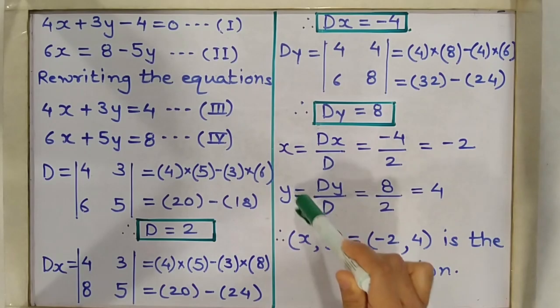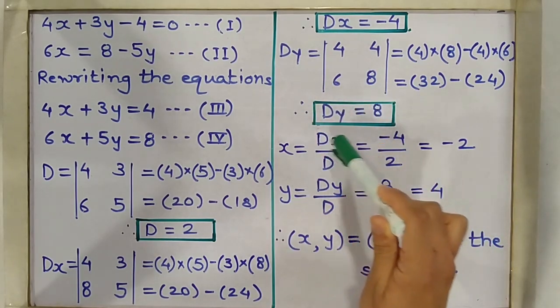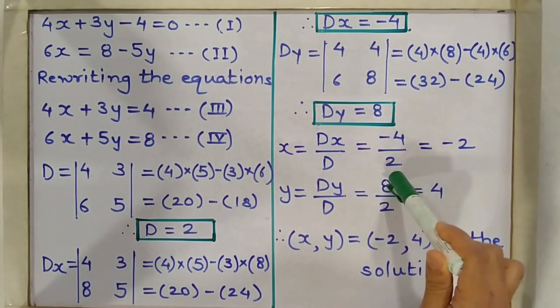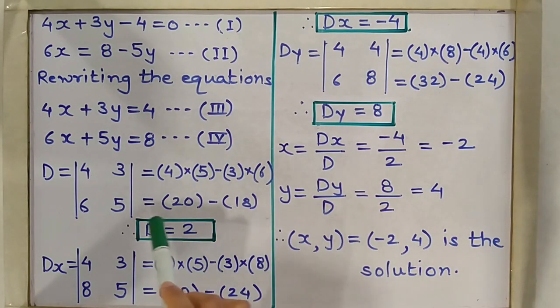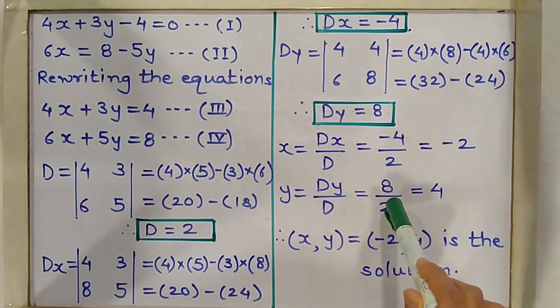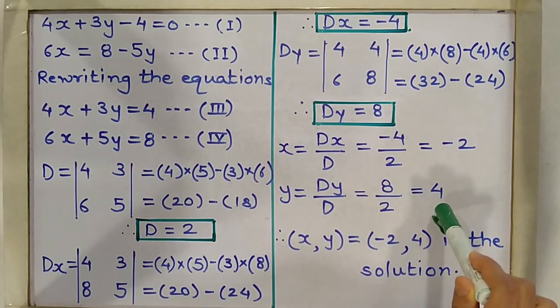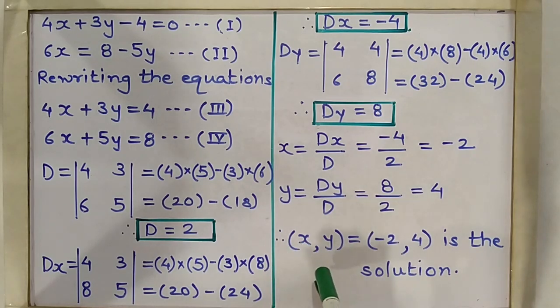Value of dy is 8 upon value of d is 2, which will give you 4. So therefore x comma y is equal to minus 2 comma 4 is the solution.